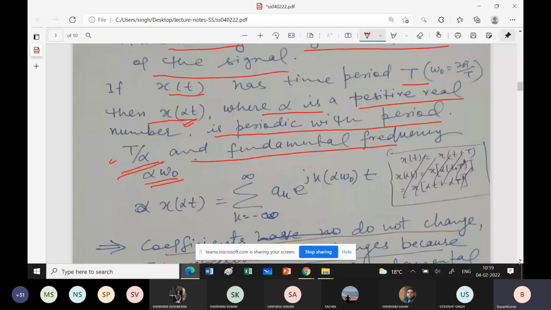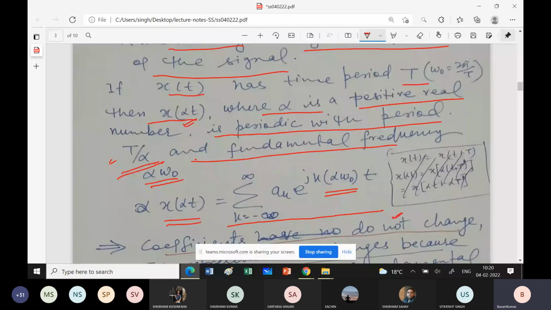What happens is that this signal x alpha t, the synthesis equation will be represented like this, where omega naught, because this is a fundamental frequency, now changes to alpha omega naught. So this is the change in the equation.